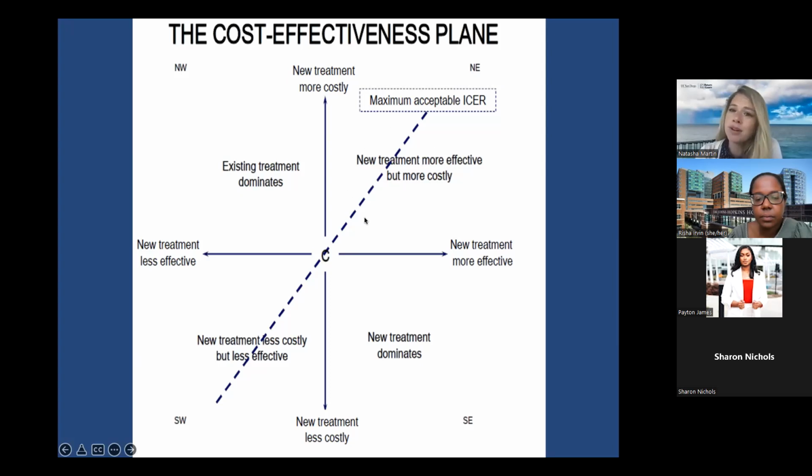And so we want to know, is it good value for money, right? Is it here? This is basically the area of the curve where it's more effective, but it's worth the cost. It's considered worth the additional amount of spend. And the economic models that we developed allow us to see where we are on this plane and whether we're in a place where it's either, well, hopefully cost saving, that would be great. But if it costs money, is it worth the money that we spend?